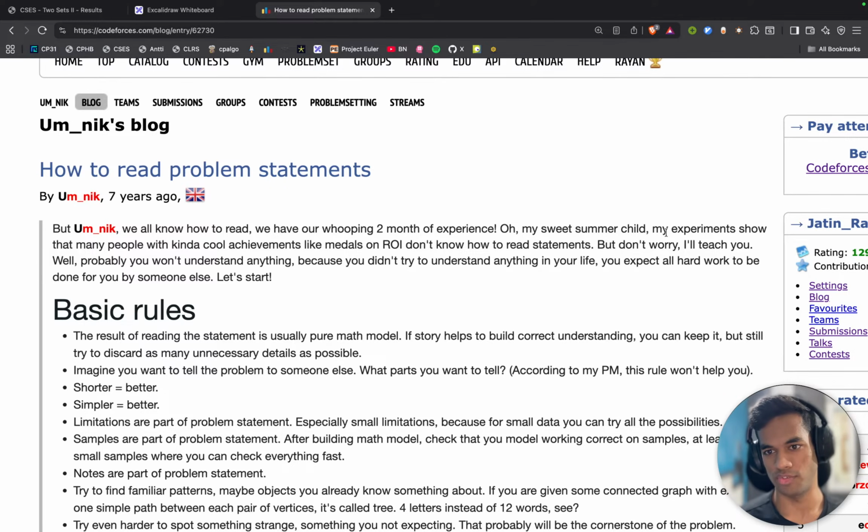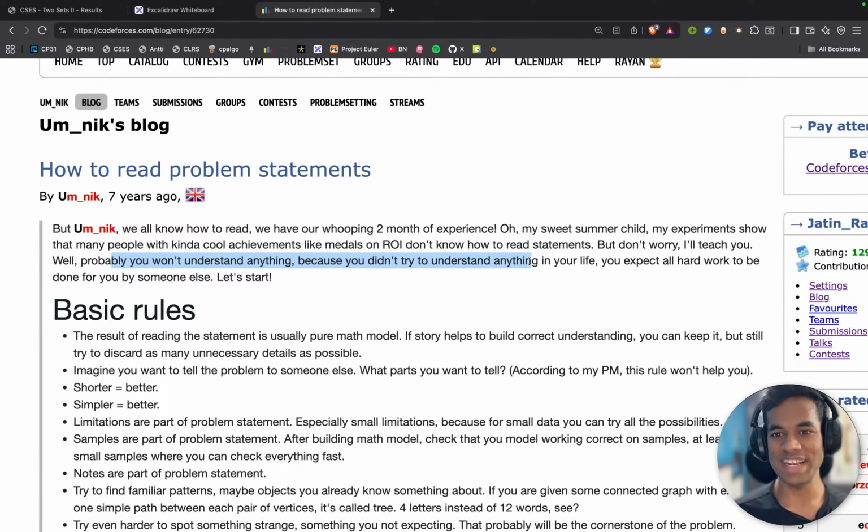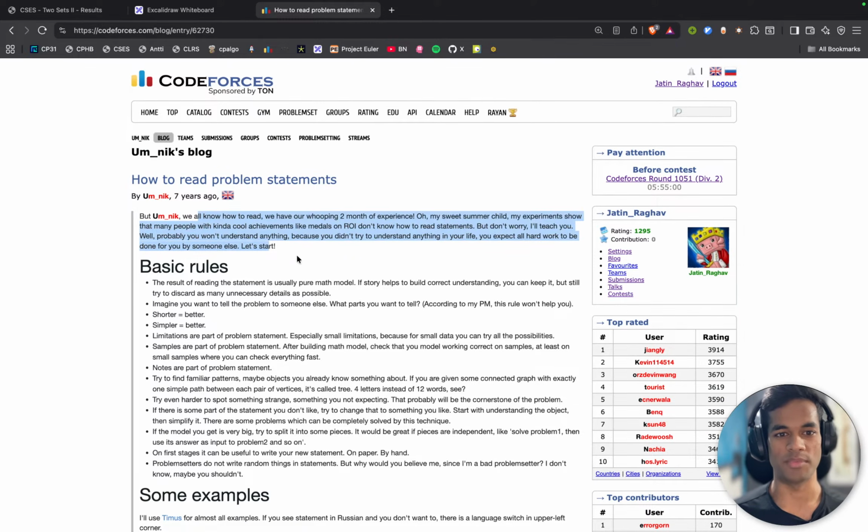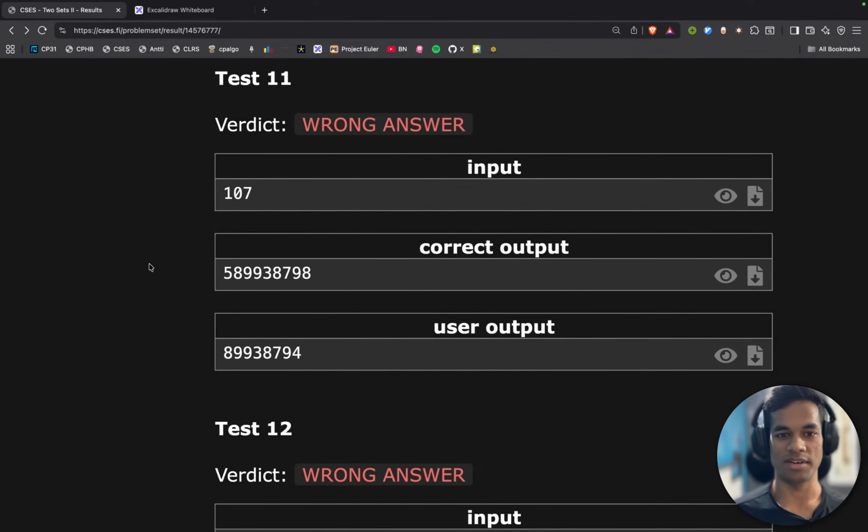Oh, my sweet summer child, my experiments show that many people with kind of cool achievements like medals on ROI don't know how to read statements. But don't worry, I will teach you. Probably you won't understand anything because you didn't try to understand anything in your life. You expect all hard work to be done for you by someone else. Let's start. That is how you start an article in which you are trying to explain something to someone else. That is Umnik.